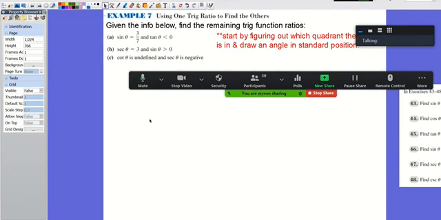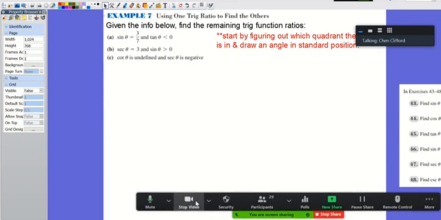Okay, so now this is how I want you guys to approach A or any of these. Okay, so let's do A right here. Sine is opposite over hypotenuse.